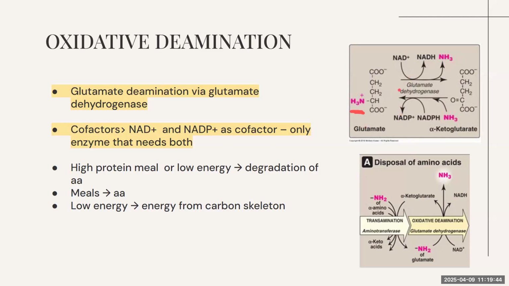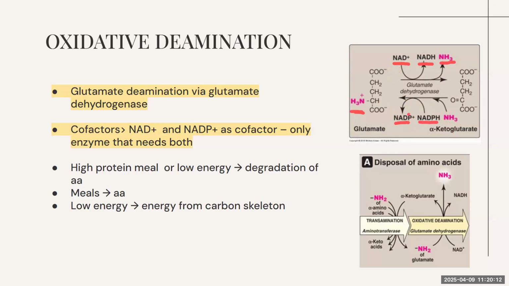If it's going in the direction of alpha-ketoglutarate, then NAD plus gives you NADH and ammonia. So ammonia is being released from the glutamate. However, if we're going in the direction of glutamate, the ammonia gets incorporated with the help of NADPH, giving you NADP plus to give me glutamate, okay?